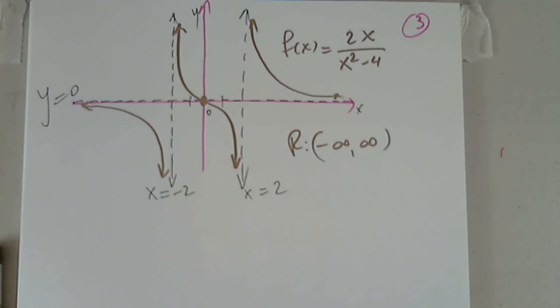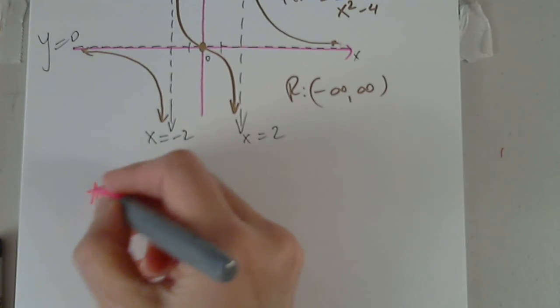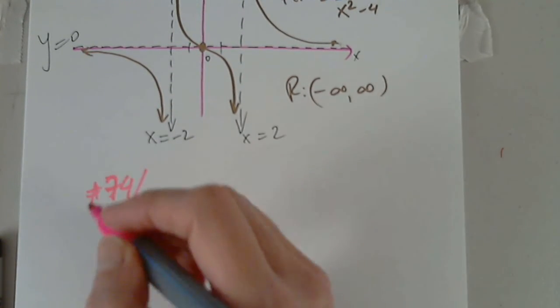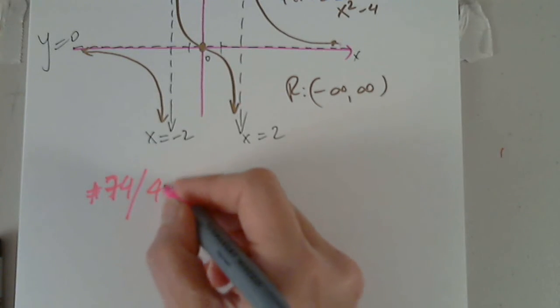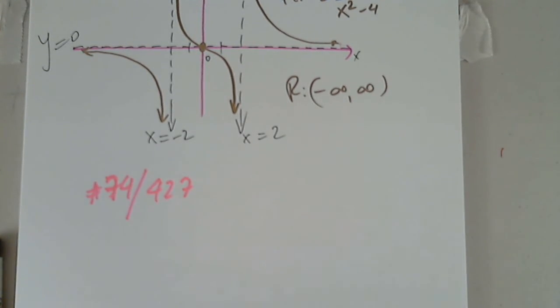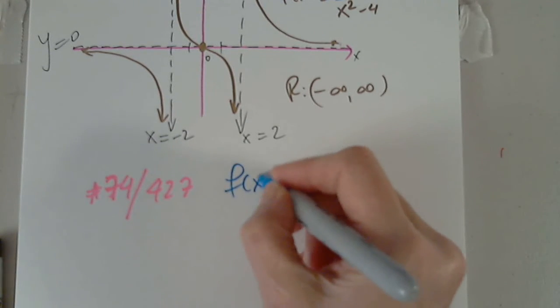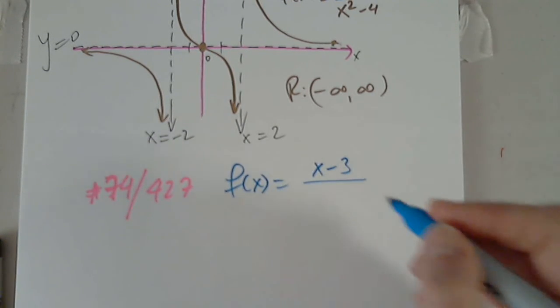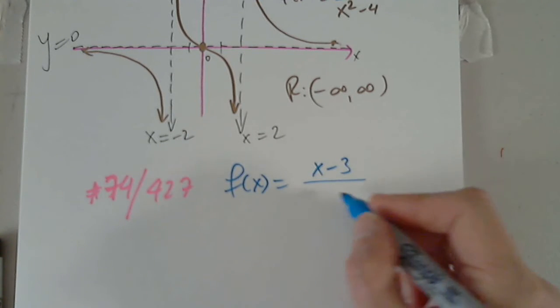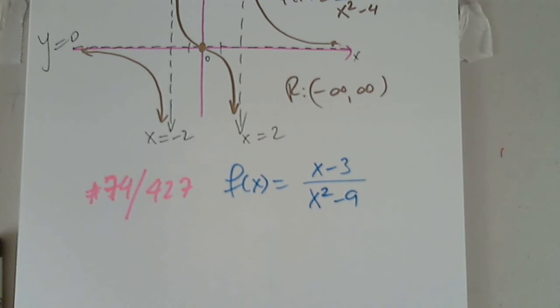Yes, I do. 74, on the same page. What is it? 427. Okay, so that function is x minus 3, and then we look at it as type 3. Last one. Let's see how I'm with time. 14 minutes, that's good.